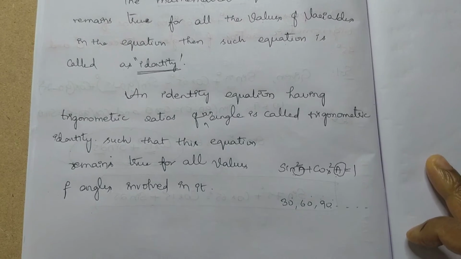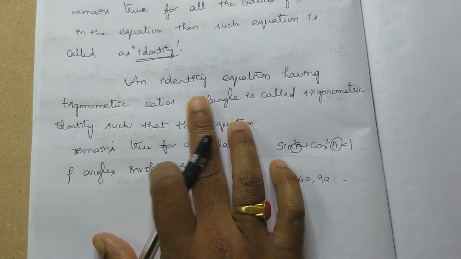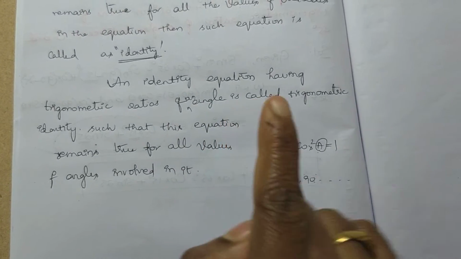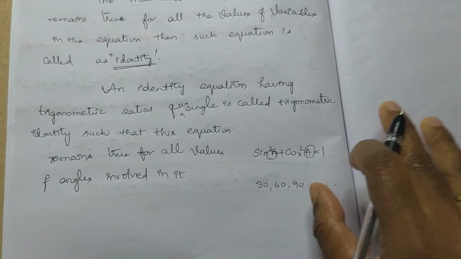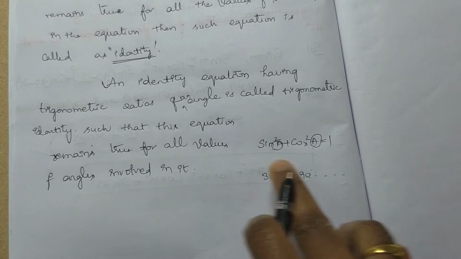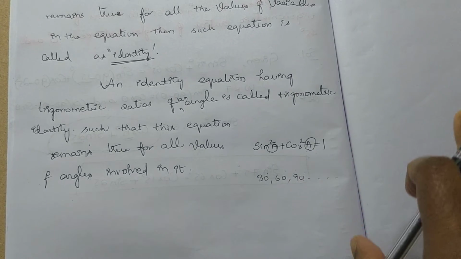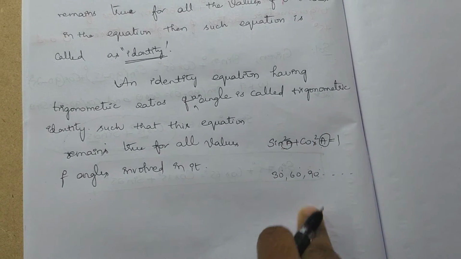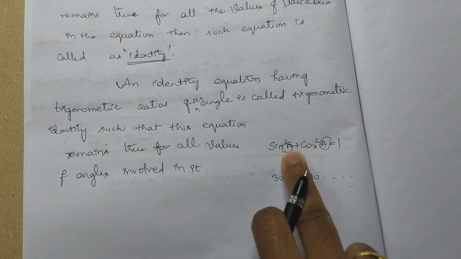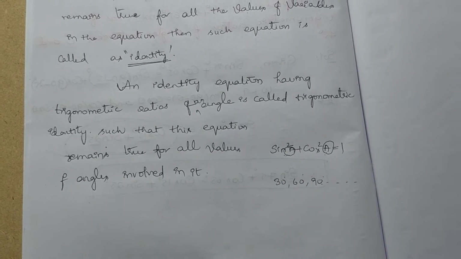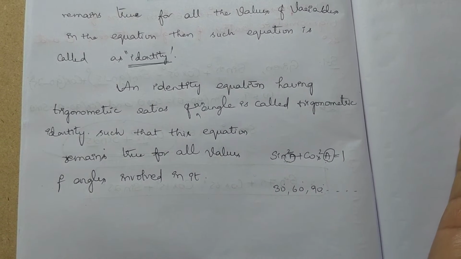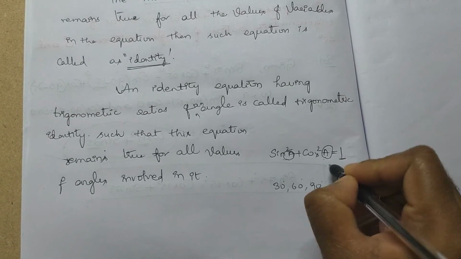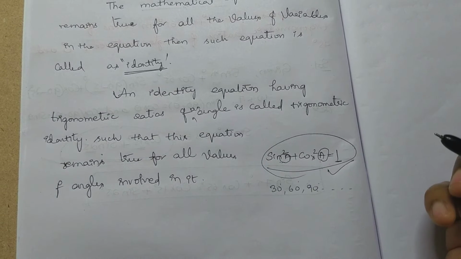Whatever angle you take, either 30, 60, 90, 120 or something, it's up to you, the answer should be the same, which is equal to 1. Then this equation is called a trigonometric identity.